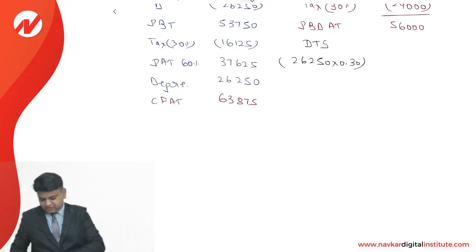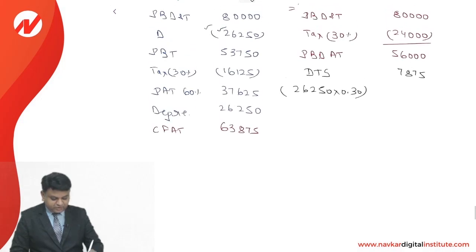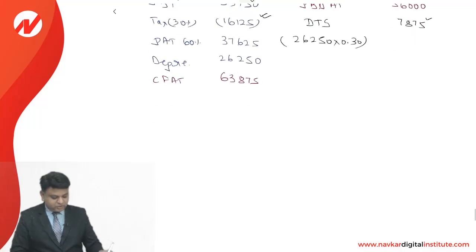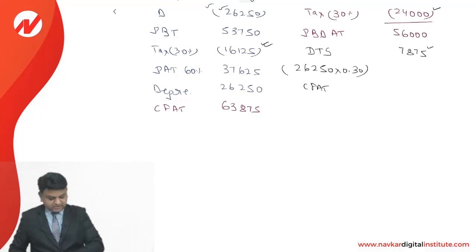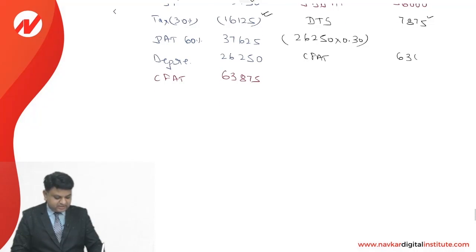So 26,250 into 0.3 comes to 7,875. So dear students, the actual income tax liability is 16,125. Instead of that, we have computed over here wrong, 24,000 minus 7,875. So you will be able to find the correct tax liability. So you get the CF1. It is 56,000 plus 7,875. That comes to 63,875.